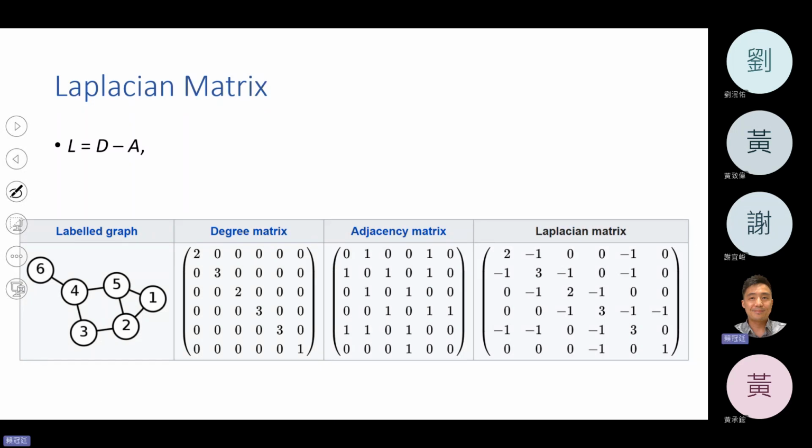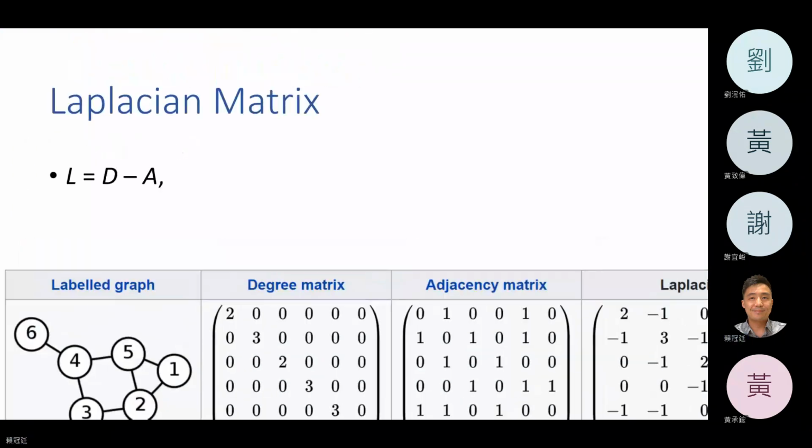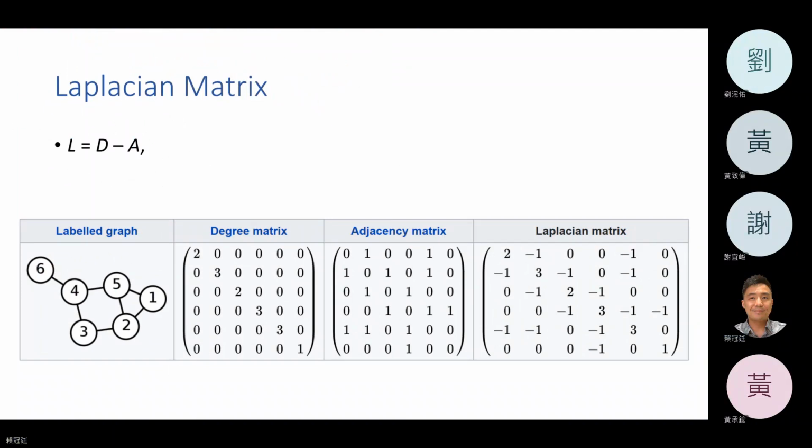For a graph, first we care about the degree. A is the adjacency matrix. Degree means how many nodes are connected to you. For the first node, there are two connections, so the degree is 2.